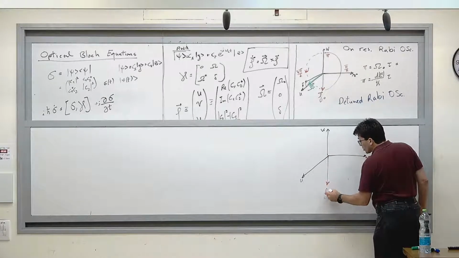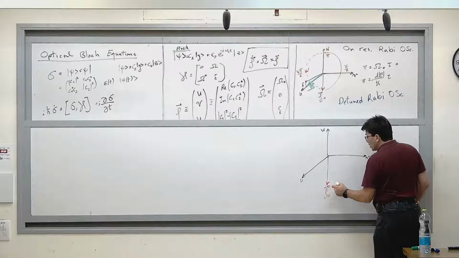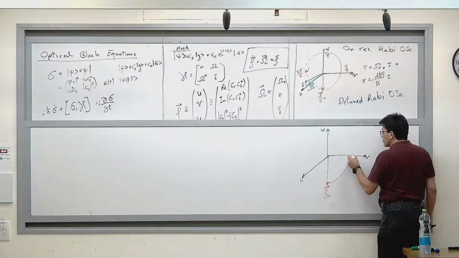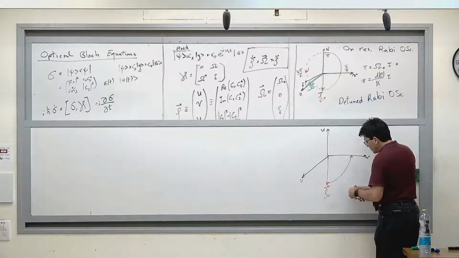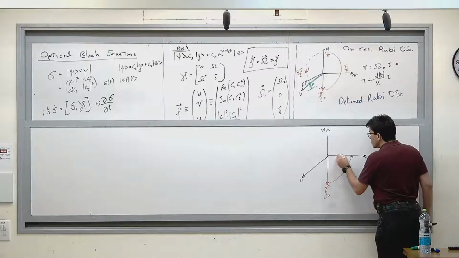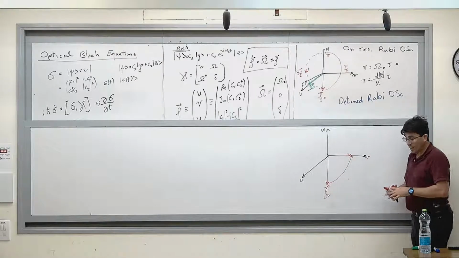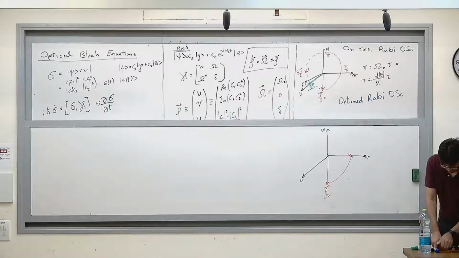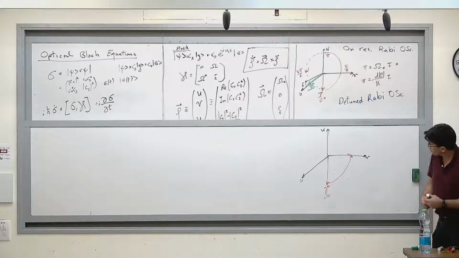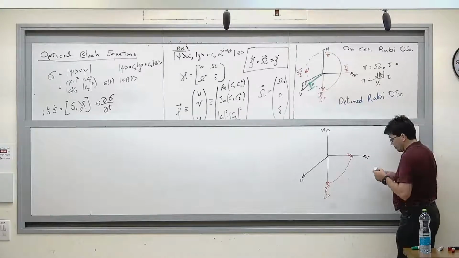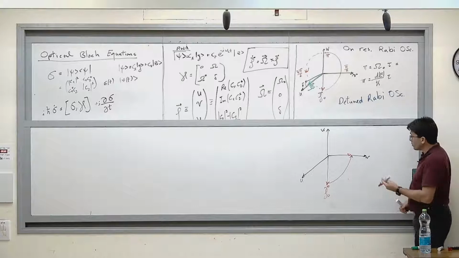So this is rho 0, and we take it with a pi over 2 pulse here. And then we wait.